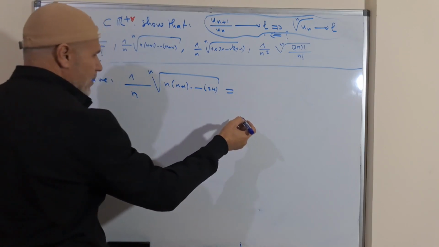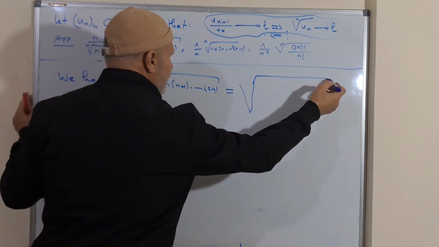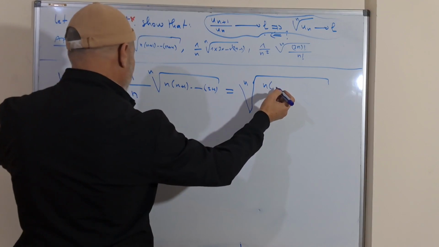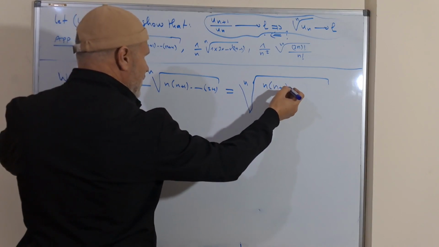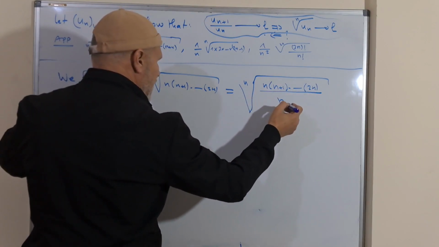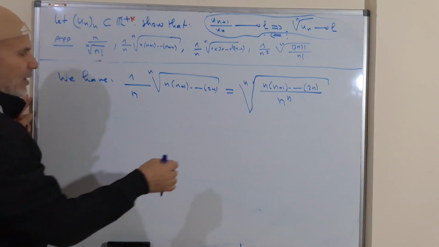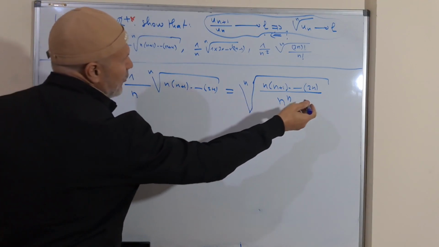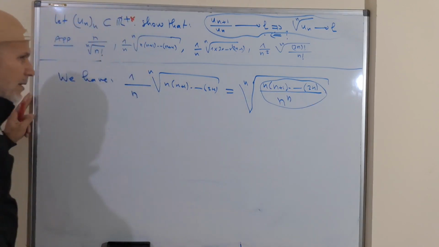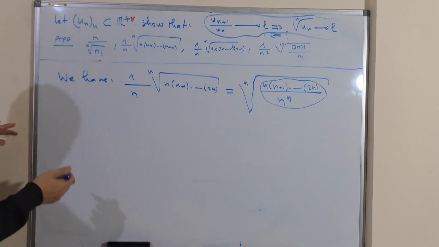We can write it as the nth root of n plus 1 up to 2n divided by n power n. So we need to find this limit. We will consider un as this expression, and we will apply the technique.